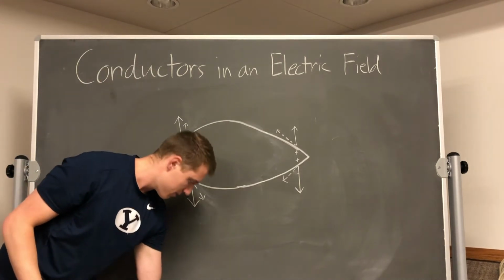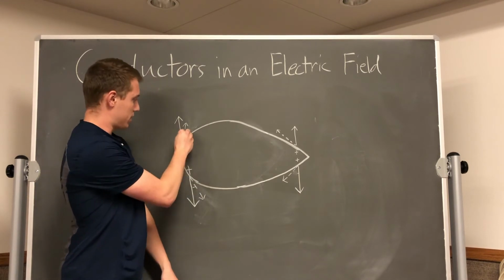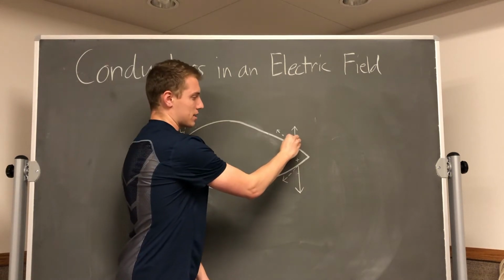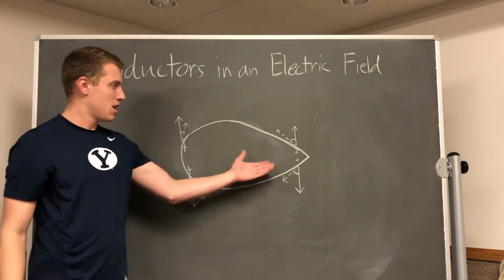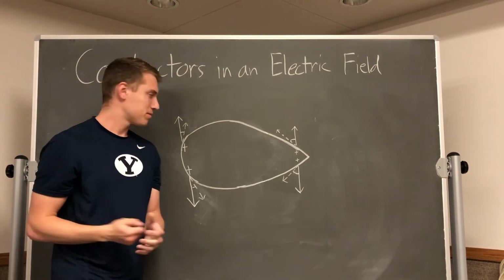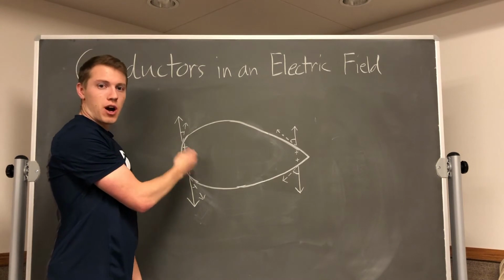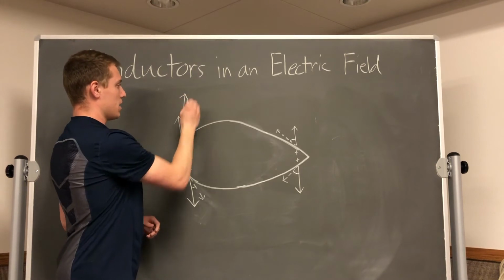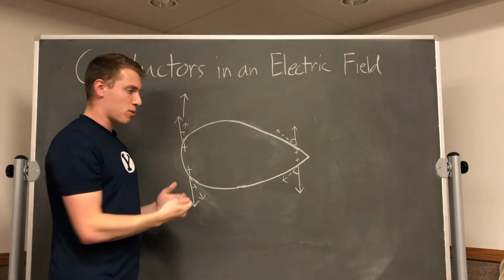What you notice is that the angle between the two forces on the non-pointed end is much less than the angle on the other end. Again, my drawing's not perfect, but that is what I'm trying to show. So what does that mean then? Well, that means that if there's a smaller angle, these charges on the non-pointed end have a greater net force in these directions, opposite of each other, which means that it is easier to spread them out.